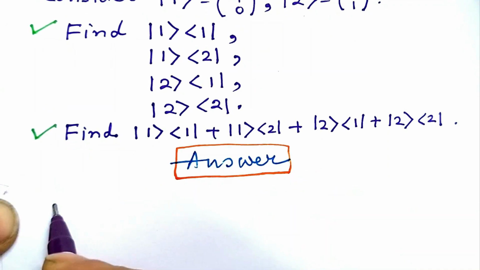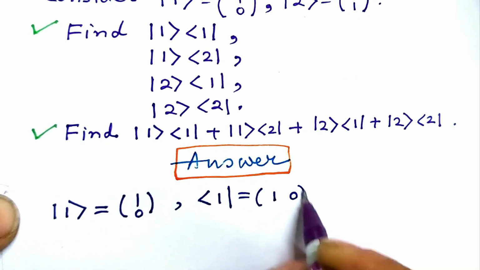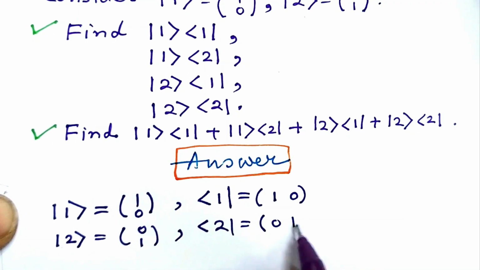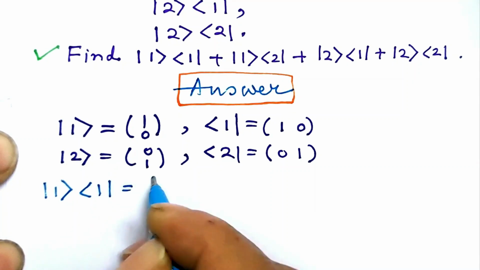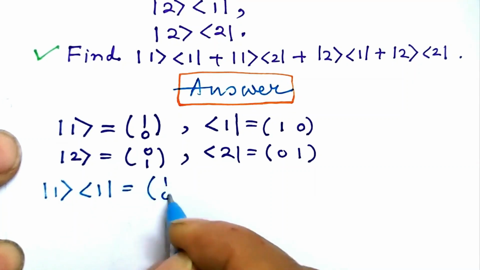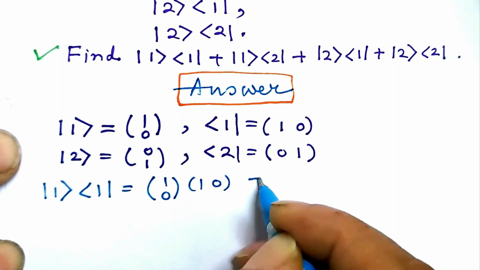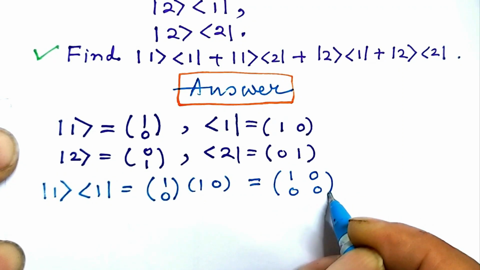The answer: given ket 1, bra 1 is the row 1, 0. Given ket 2, bra 2 is the row 0, 1. Now ket 1 bra 1 will be the matrix multiplication of the column matrix 1, 0 with the row matrix 1, 0. That leads to a 2 cross 2 matrix 1, 0, 0, 0.